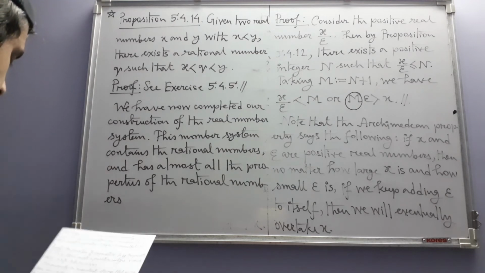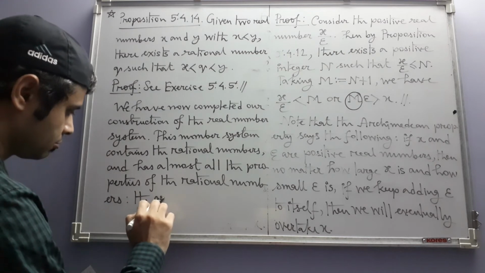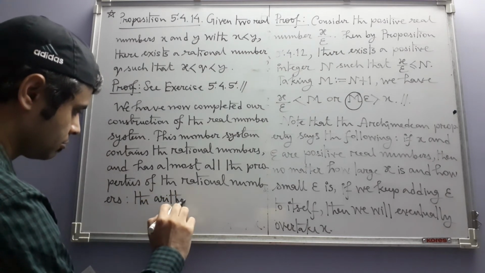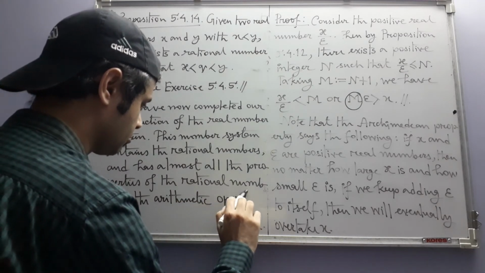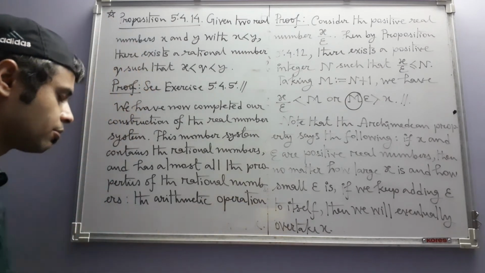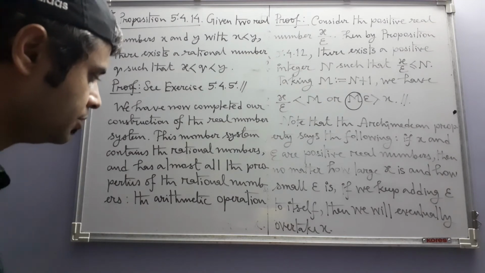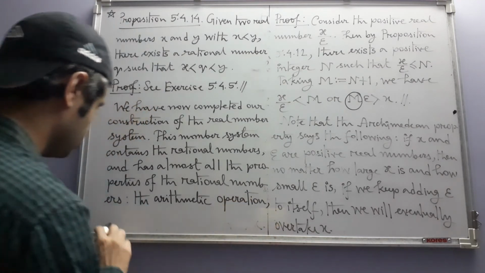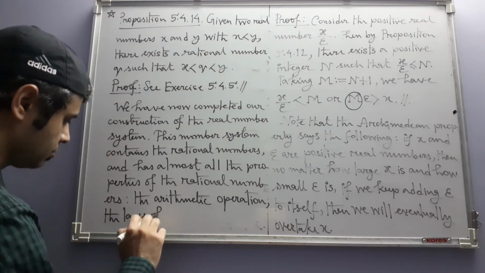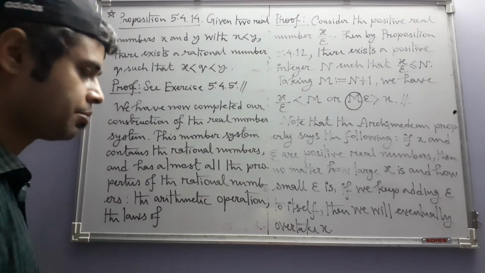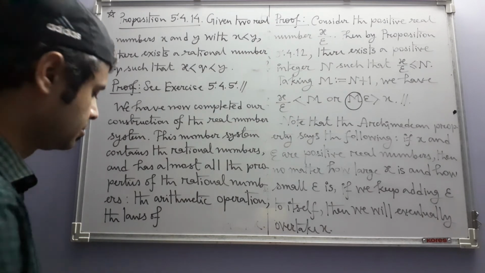For example, it has the arithmetic operations, all the four operations of addition, subtraction, multiplication and division. The laws of algebra, which are exactly similar. In short, we say that both the system of rational numbers and the system of real numbers are fields.